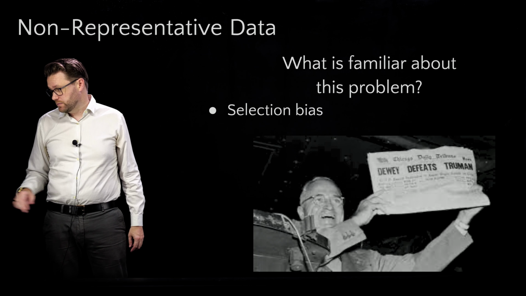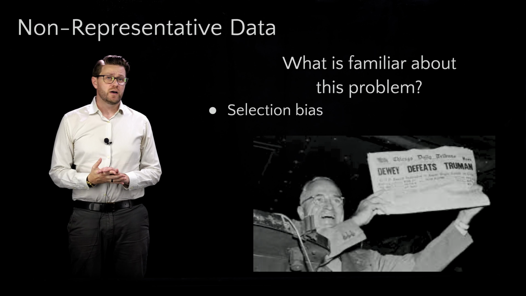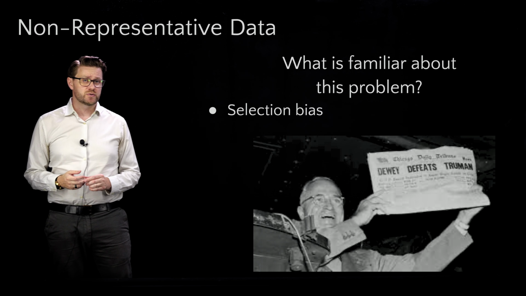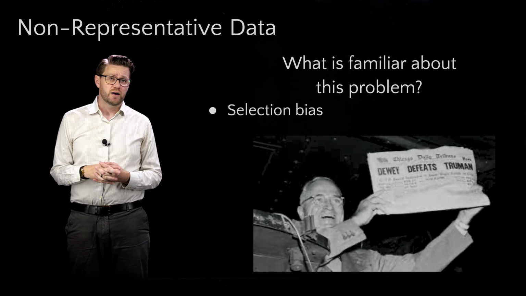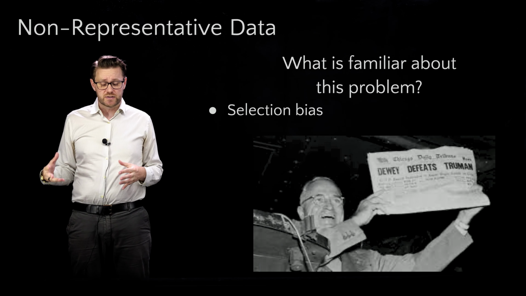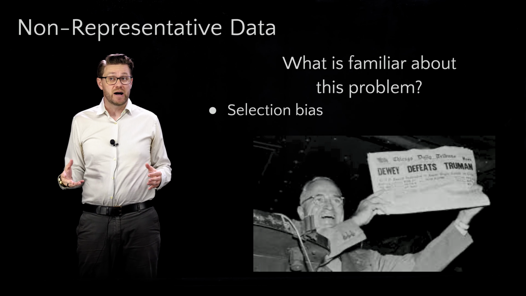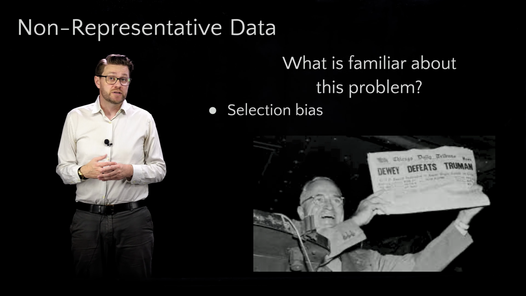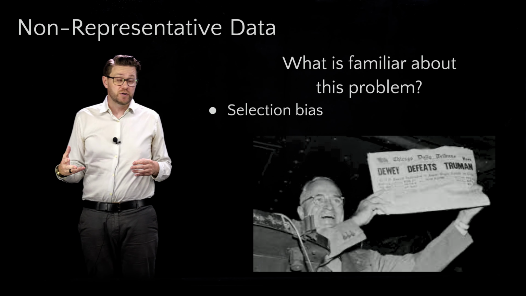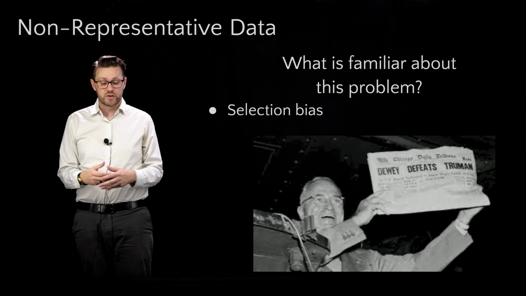All right, let's think about what's familiar about this problem. If you've taken a basic intro to statistics course, one of the topics is inferential statistics, okay? Inferential statistics is, you have an underlying population, and for whatever reason, it'd be impractical or impossible or difficult to get data about that entire population.